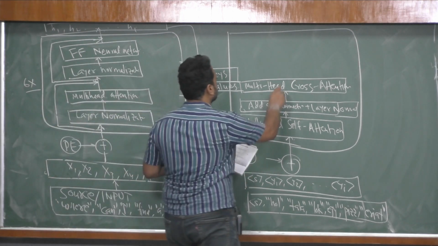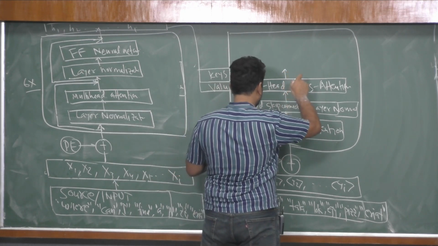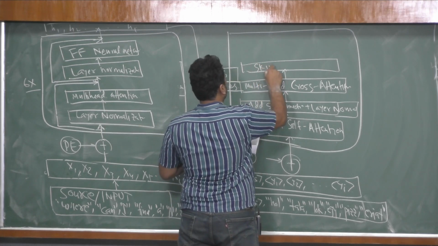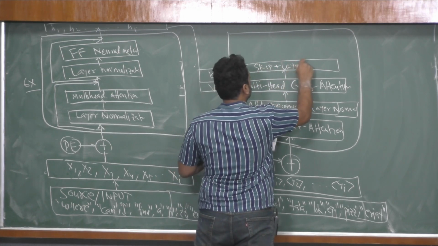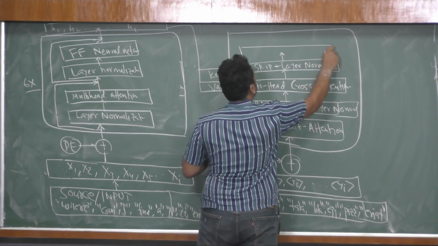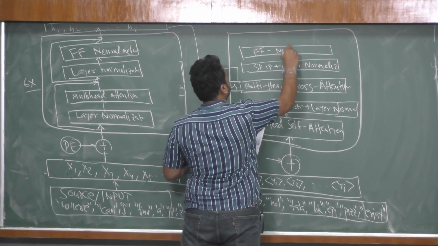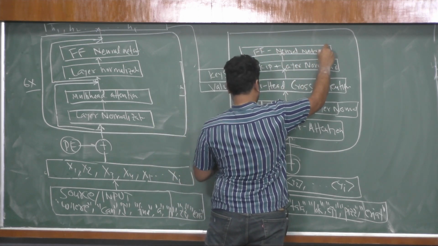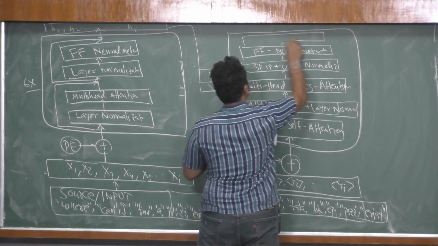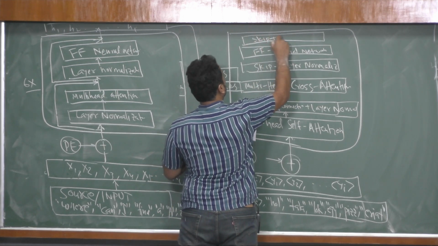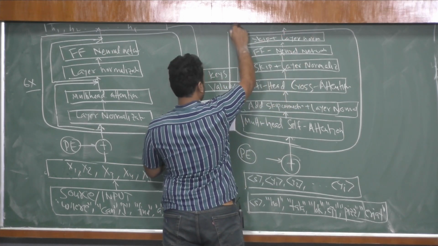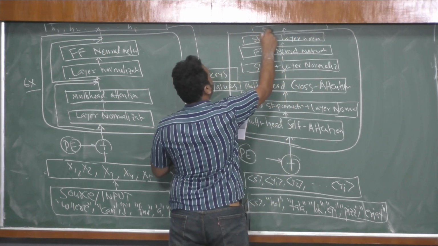Okay, and then it goes through, basically again, one skip plus layer normalization, and then goes through some feed forward neural network, and then finally again one more layer of skip plus layer normalization, and then finally it goes to produce some softmax or something you will use.